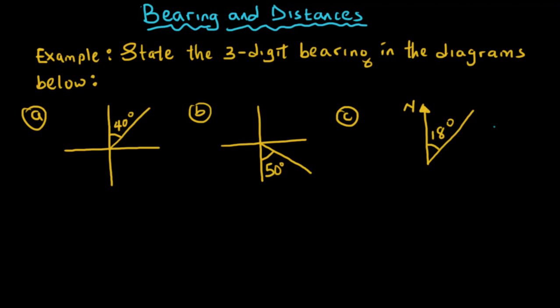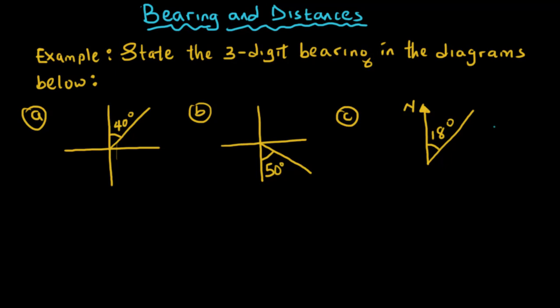Now let's look at this example and let's take these 3 questions first. We have stated the 3 digits bearing in the diagrams below. Now remember, there are 2 rules for us to be able to get the 3 digits bearing. The first is that we start from the north. The second is that it must be clockwise. I hope you remember.